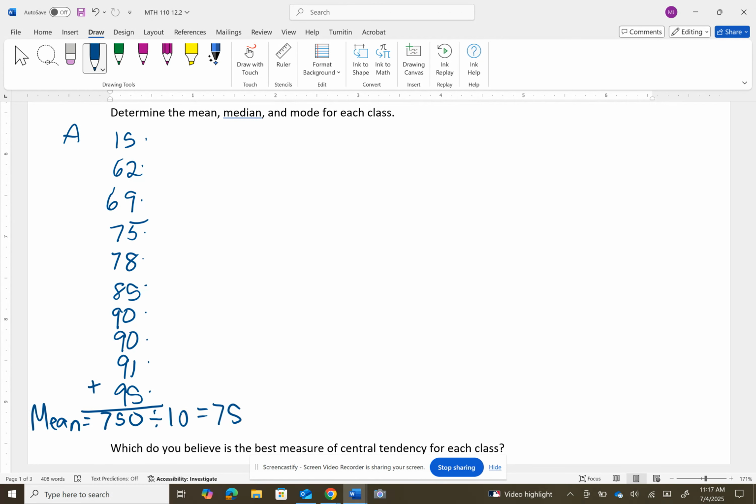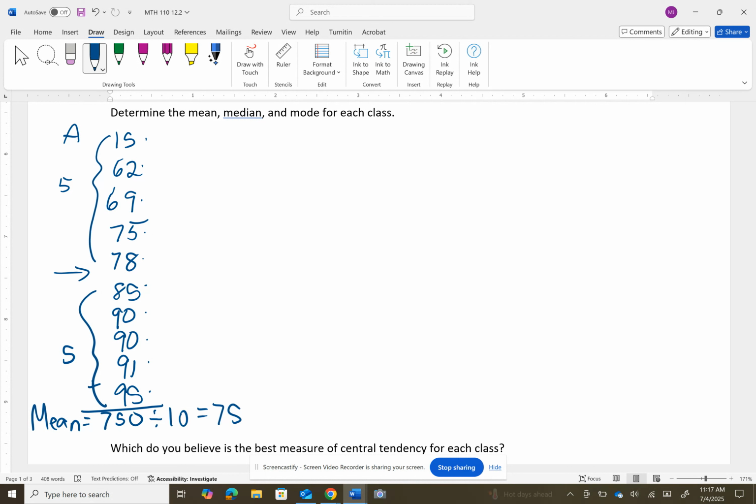Okay. All right, now for the median, you need the middle number. So this one had 10 data values. So the middle number should occur, so there's 5 here at the top and there's 5 here at the bottom. So there's no data value sitting there in the middle.